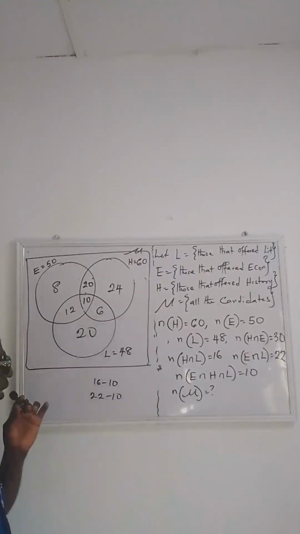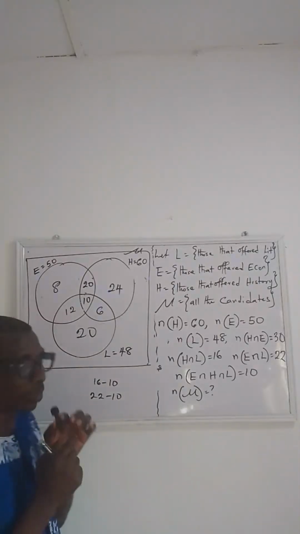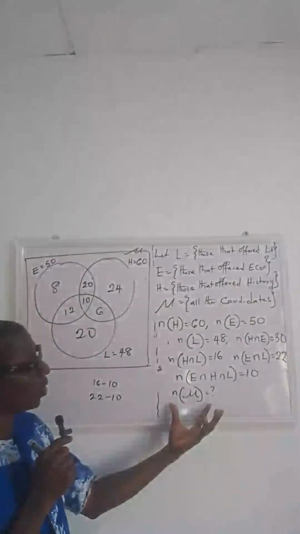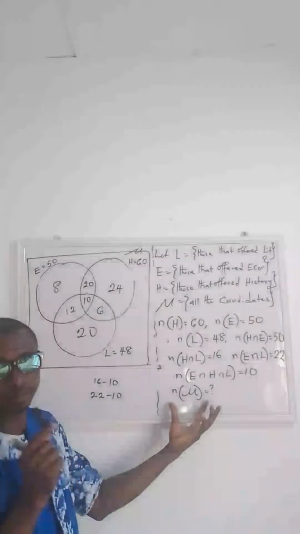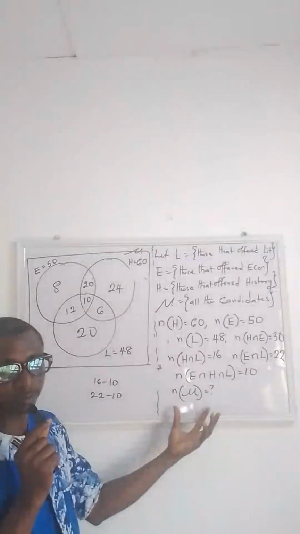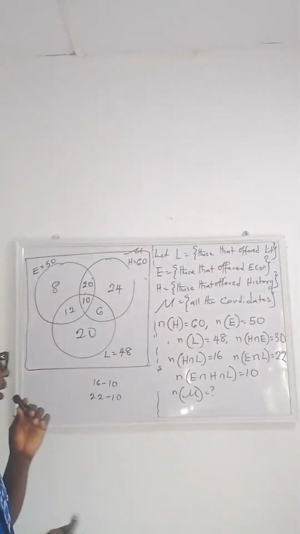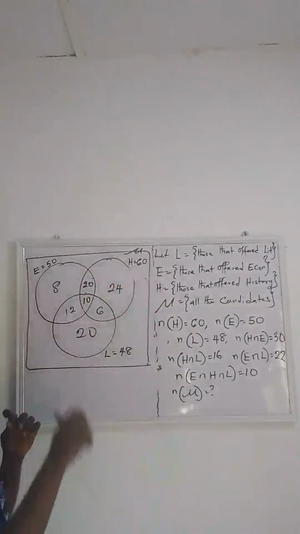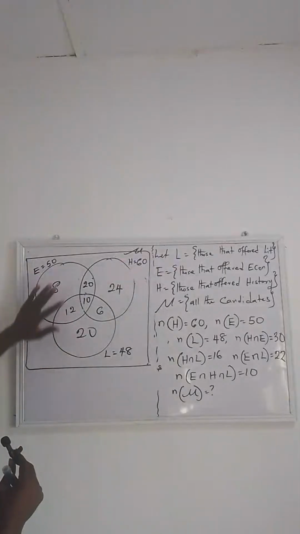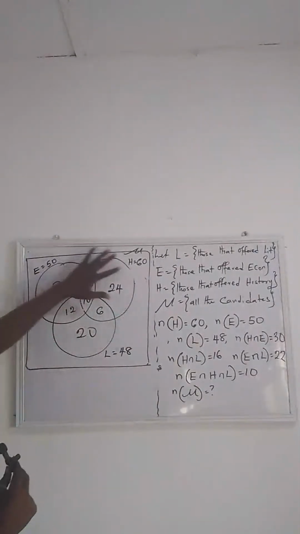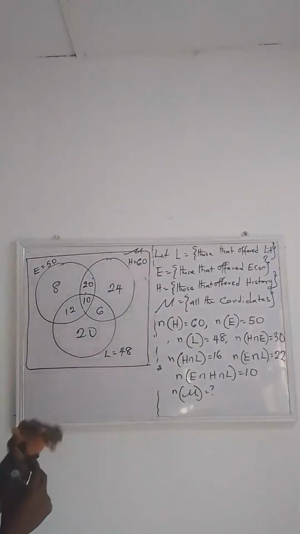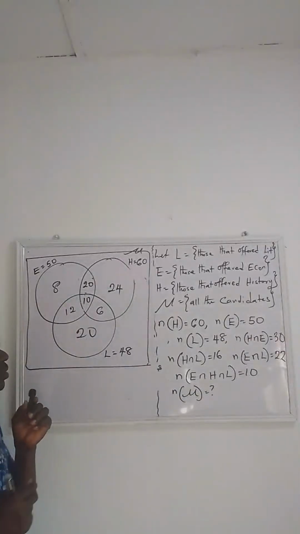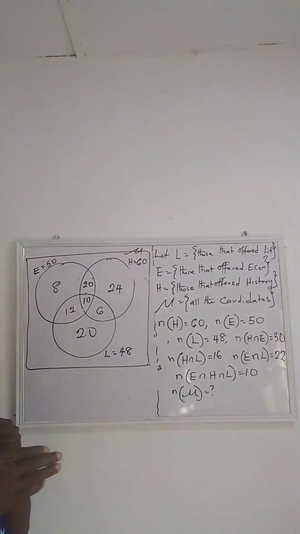Okay. Now, what the question wants us to get now is the number of those that sat for the examination. Okay, so how do we get that? We want to get the total number of the universal set. So we are going to add all the parts together. But when you look at the question, there is nobody among the candidates that did not write the exam.